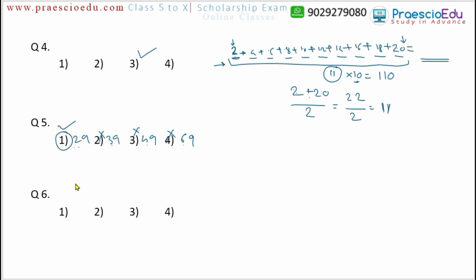Now question number 6. Which of the following is a product of two prime numbers? Now this is very important. The first is 36, then 45, then 55, and the fourth is 63. Now we can find some factors here. 36 is an even number, and if we find the factors: 2, then 4, then 9 and 12. So this cannot be the product of two prime numbers, because 4 also comes and 12 also comes.